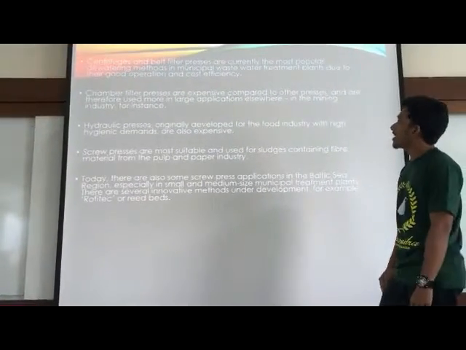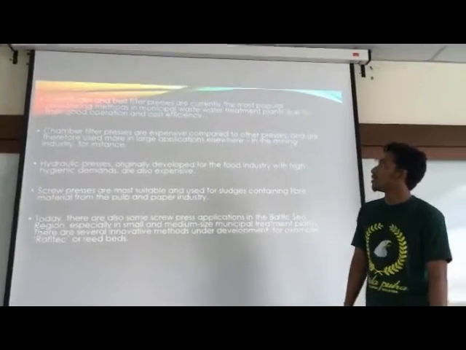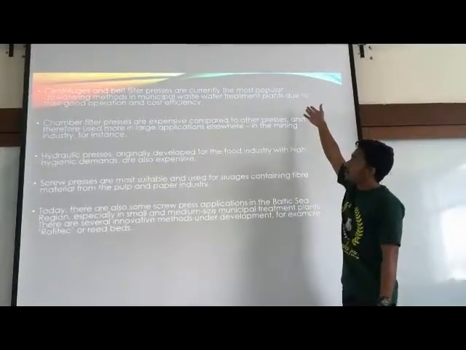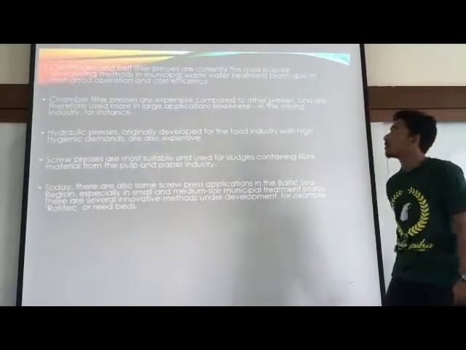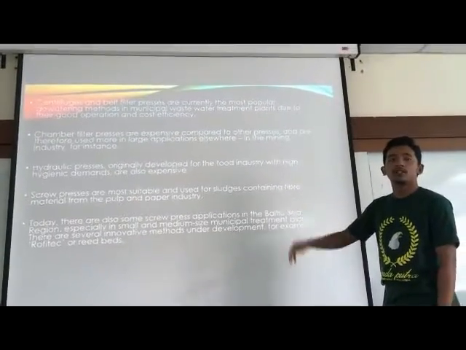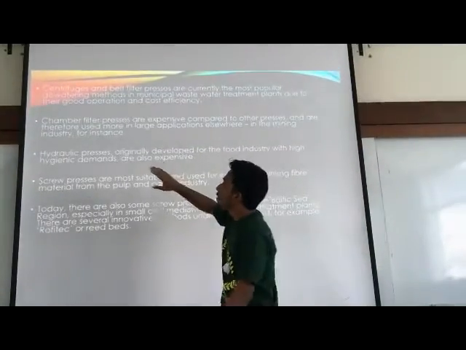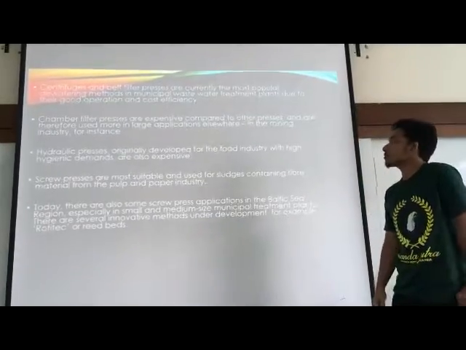Chamber filter presses are expensive compared to other presses and are therefore used more in large applications. Because the centrifuge and belt filter are more affordable, we often use them for city usage, and for industrial usage we use the chamber filter because it is expensive but more efficient.